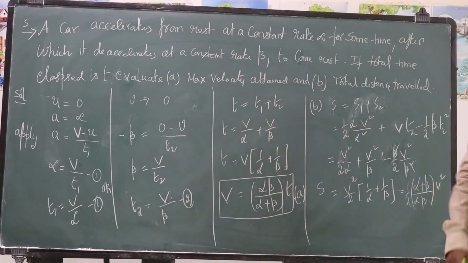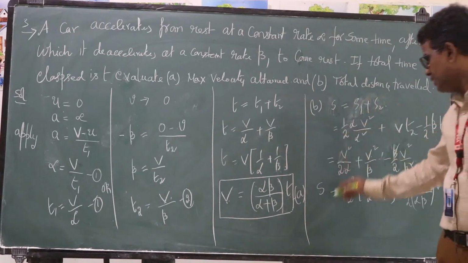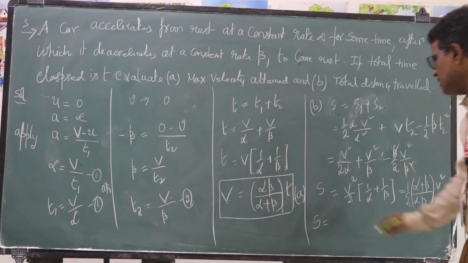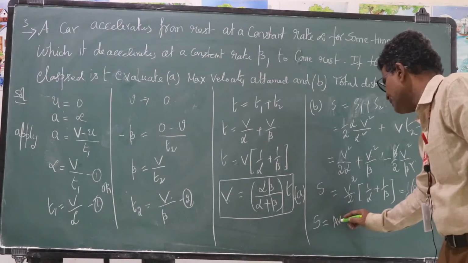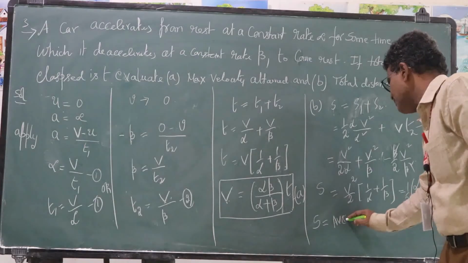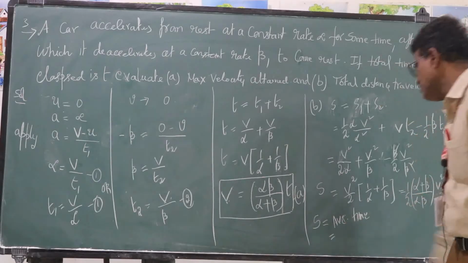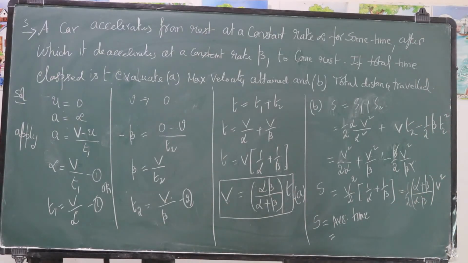The same we can write in another way, that is average velocity into time. What is average velocity? Minimum plus maximum by 2.